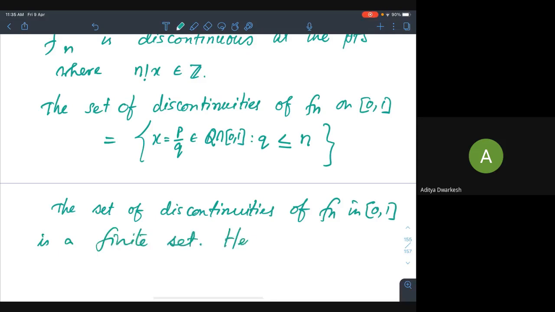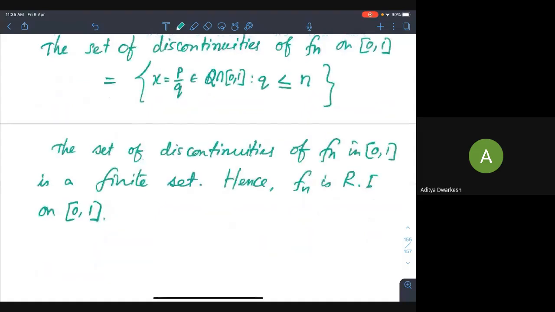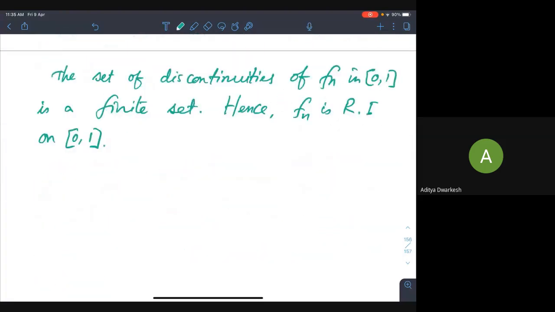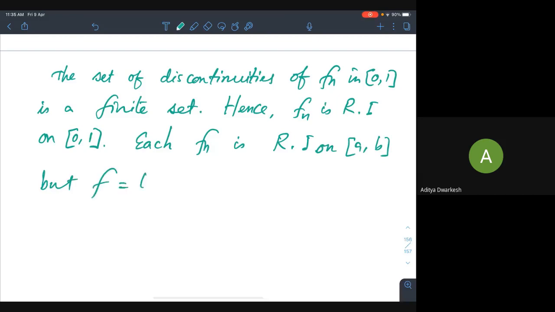Hence, Fn is Riemann integrable on [0, 1]. So each Fn is Riemann integrable on [a, b], but F, which is the limit of Fn, is not.